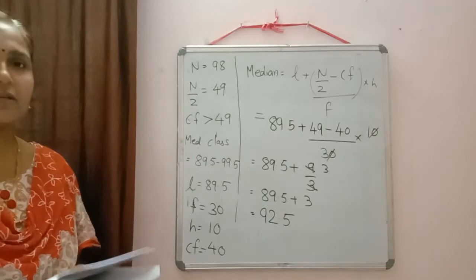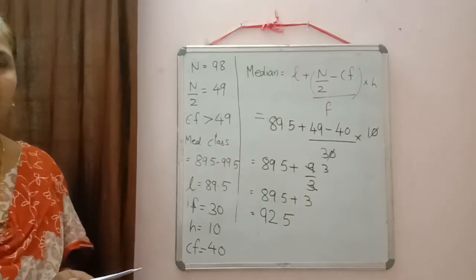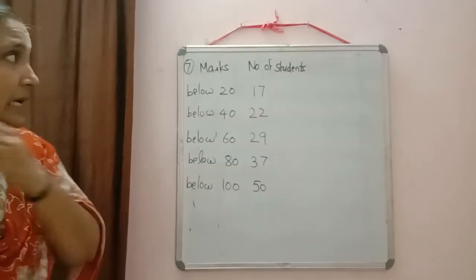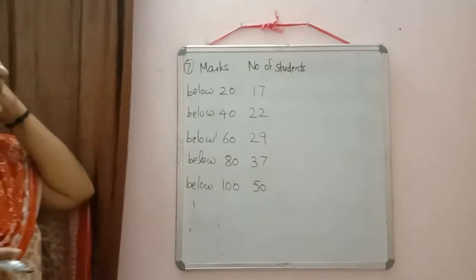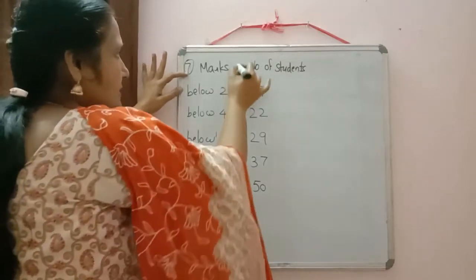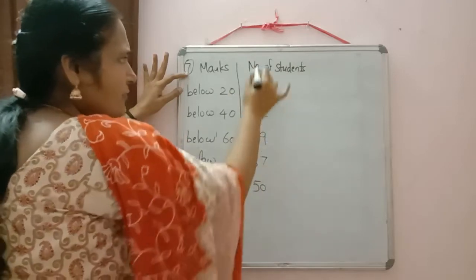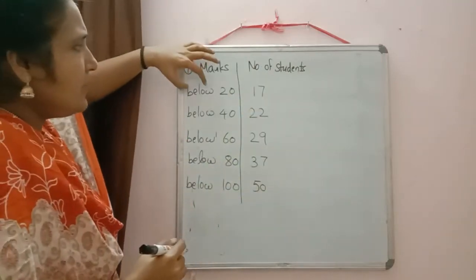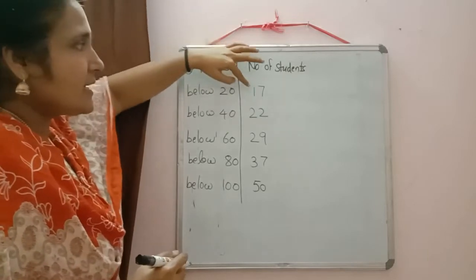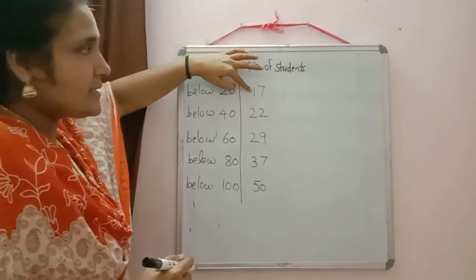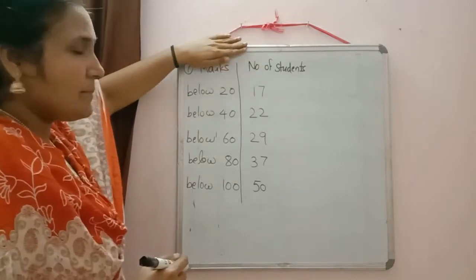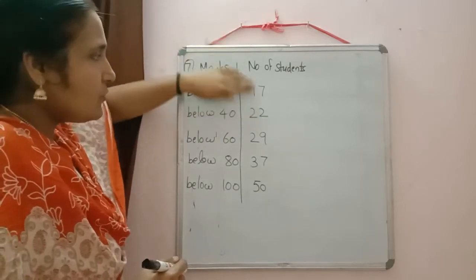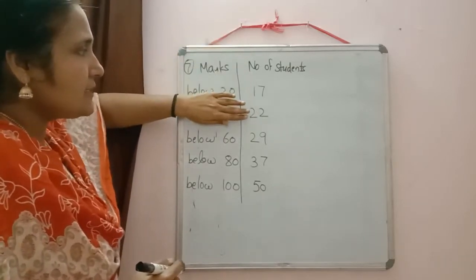So moving on to the next question. In this question, class intervals are not given. This information is given: marks, and then number of students, meaning frequency, is given. So what is the meaning here? Below 20, how many students are there? 17 students are there, those who have got marks below 20. 22 students are there whose marks are below 40.